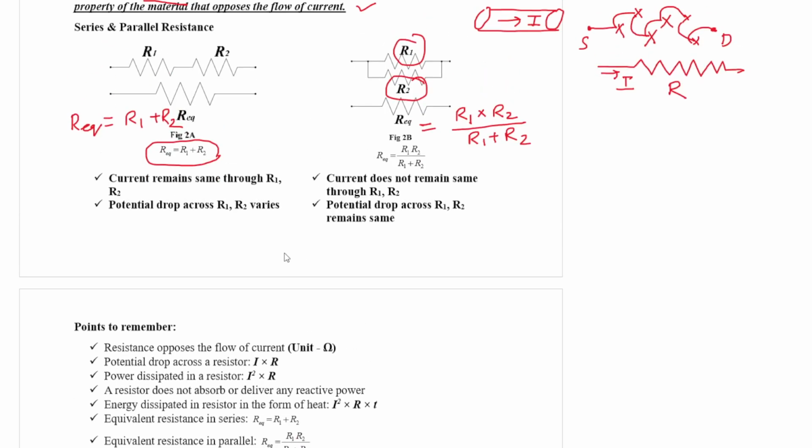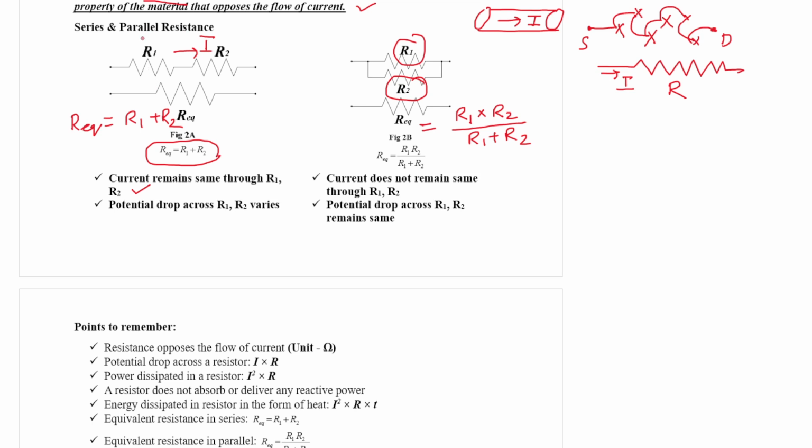So what is the property of the series circuit? If the two resistances are connected in series, the current flowing through those two resistances is always the same. The current remains the same through R1 and R2. It does not change. However, the potential drop across the resistances will not be the same.